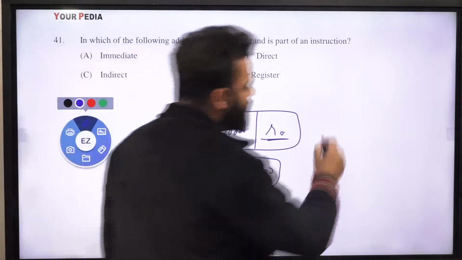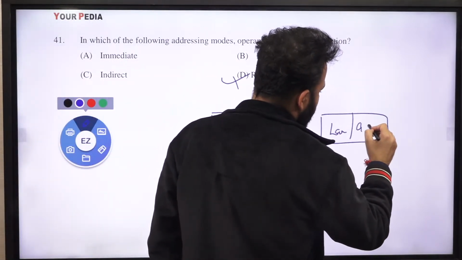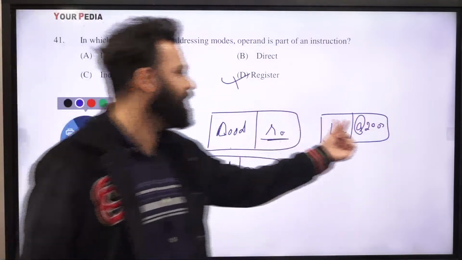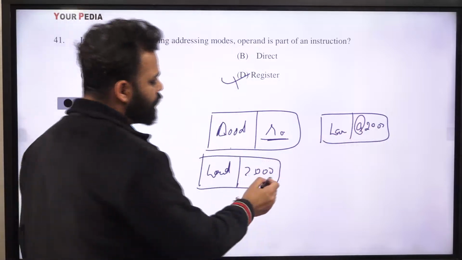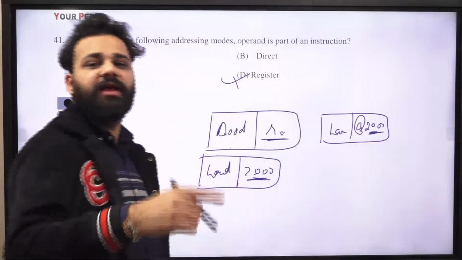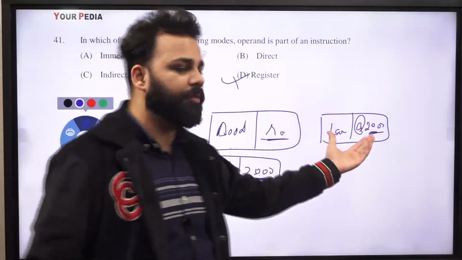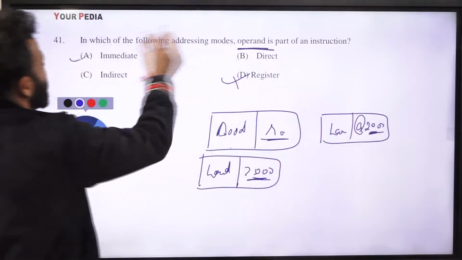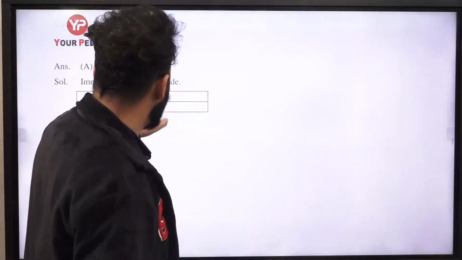If you go to 2000, you will get the data. In indirect mode, if you go to 2000, it will give you the address of the data, so it is being used as a pointer. So all these are addresses. The operand is part of the instruction in immediate addressing mode. So option A will be our correct answer.